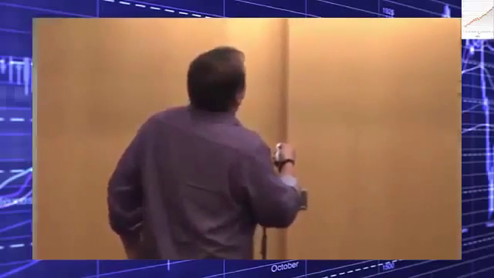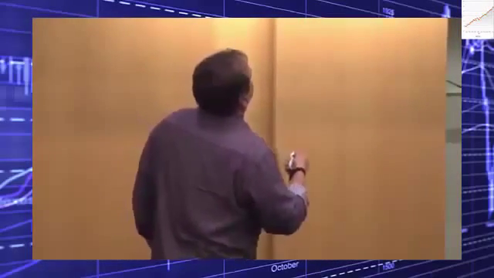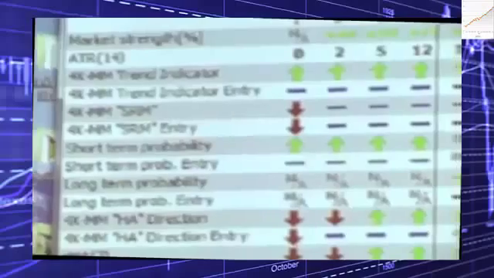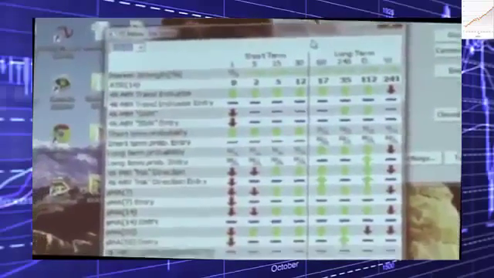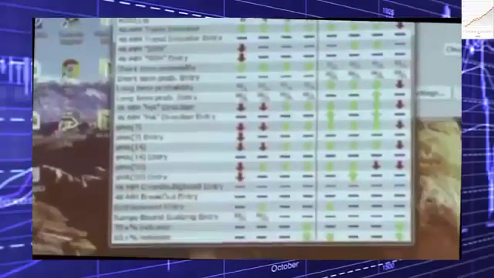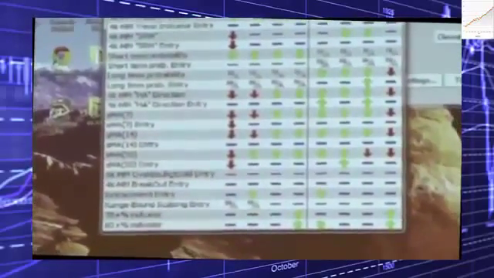There's our probability indicator, which says the probability that this market will be going up over the next 30 minutes, and so on. Then we've got the Heikin-Ashi. We've got the different moving averages, your overbought, oversold, and so on.